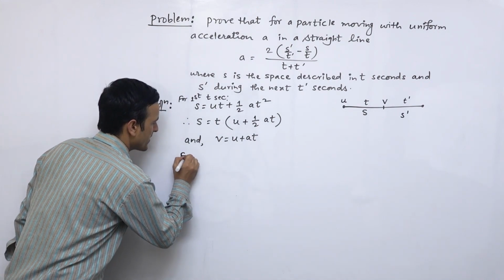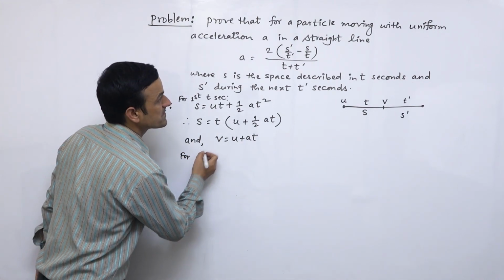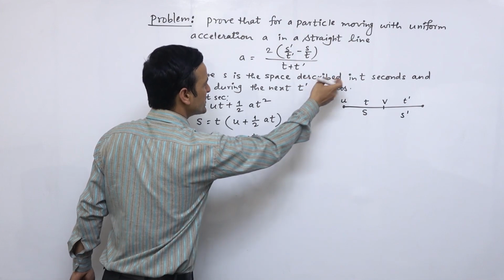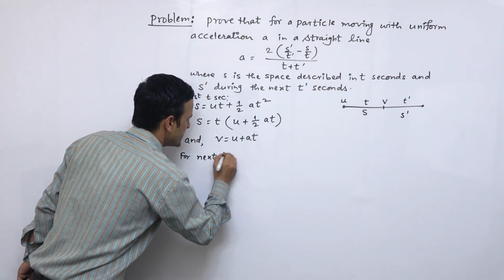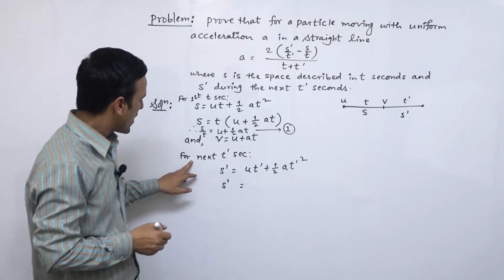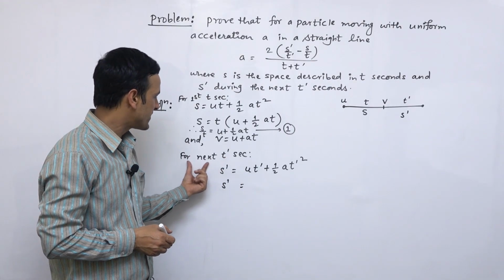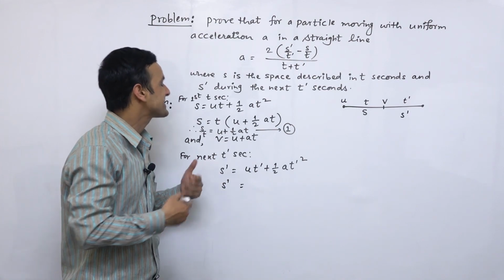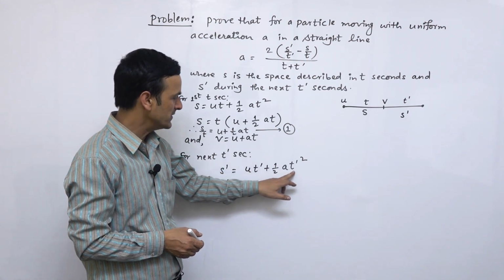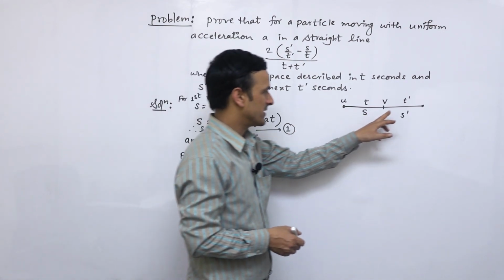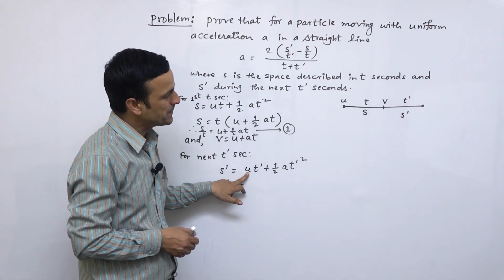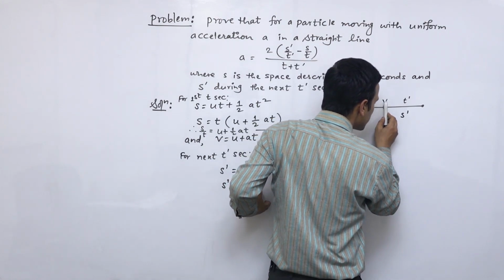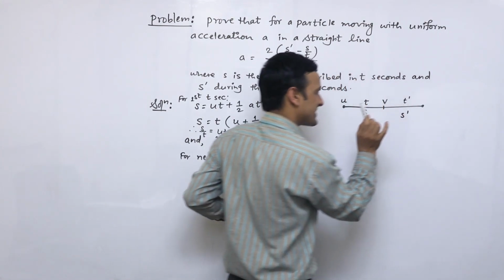Now for the next t dash seconds, or the second part, we have this. The v is the initial velocity for the second part.